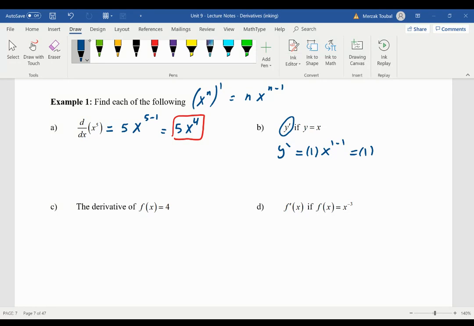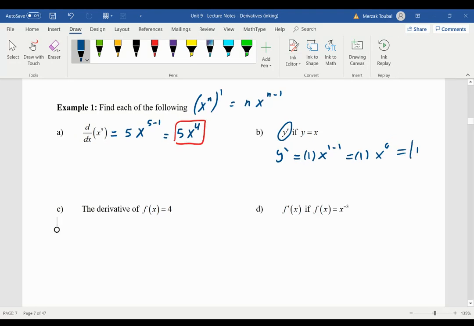Let's do one more step: 1 times x to the 0. x to the 0 is 1, so it will be 1 times 1, so the answer is 1. So the derivative of x is simply 1.